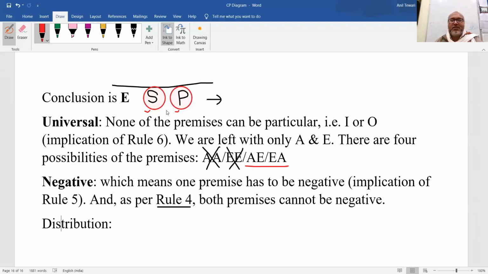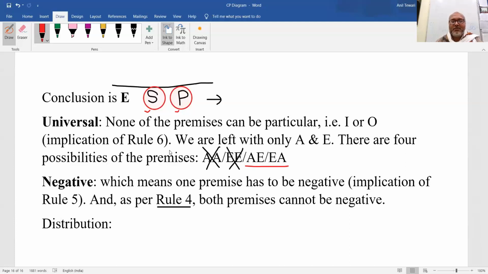Rule 2 says that middle term must be distributed at least once. Rule 3 says that if any term is distributed in the conclusion, it has to be distributed in the premises. So we have to ensure that subject and predicate both are distributed in the premises, and we have to ensure at least once the distribution of middle term.